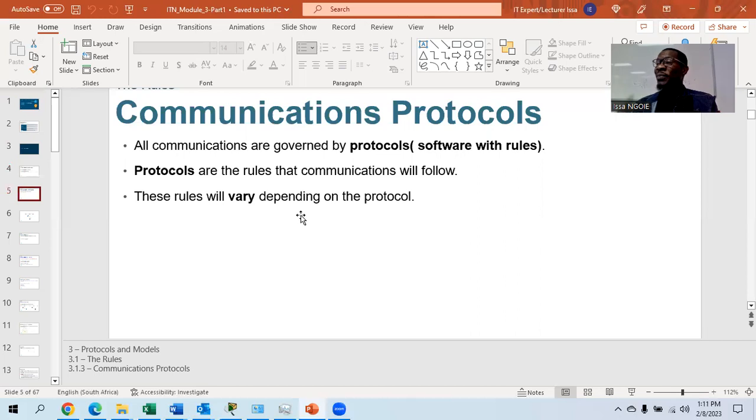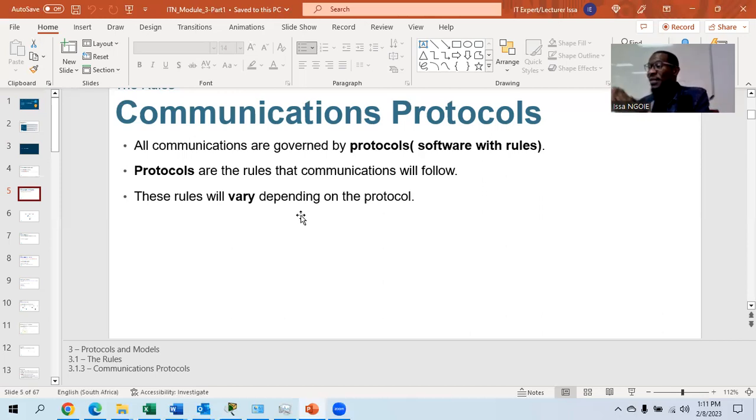Those principles, those languages, we call them protocols, right? So protocols are just software, and those software come with rules. Very clear. So when we are talking about protocols, those are the languages.